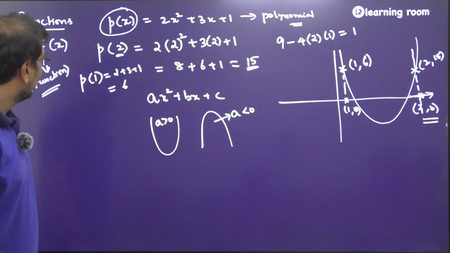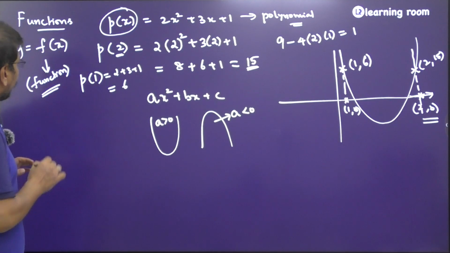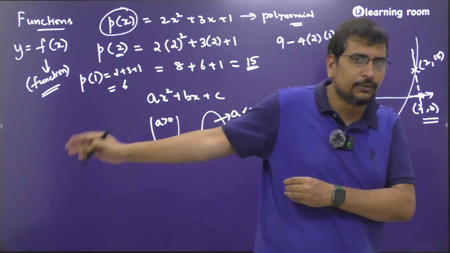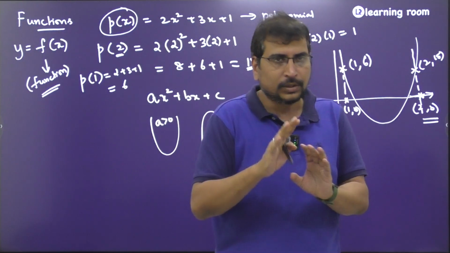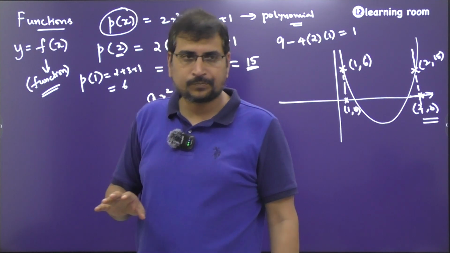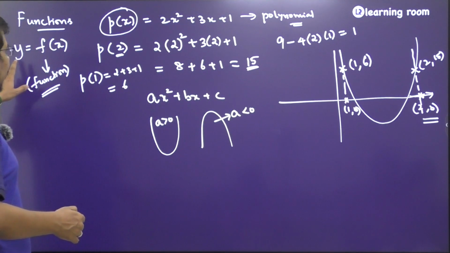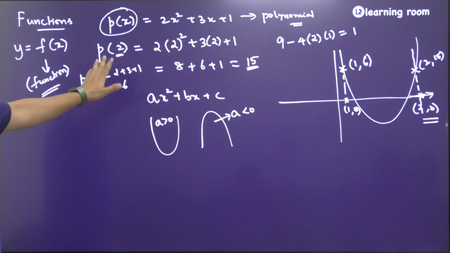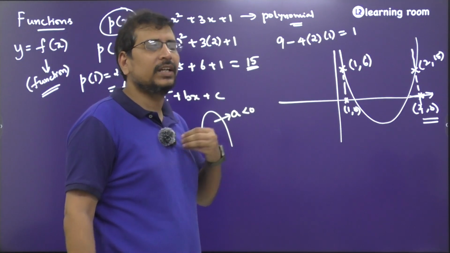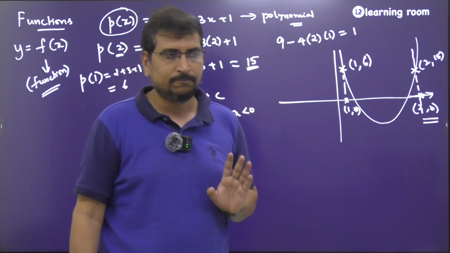Okay. So am I clear with this? Now, I've just given you the basic idea of what a function is. I didn't even give you the definition. I told you what a function is. Basically, you write it as y is equal to f of x, where y is called the dependent variable, x is called the independent variable. Why do we call it independent? Because we are free to substitute the value of x.